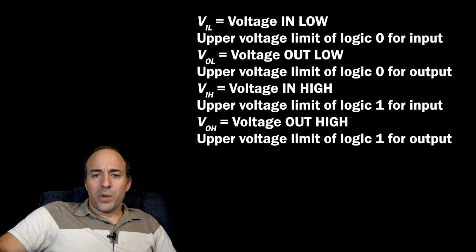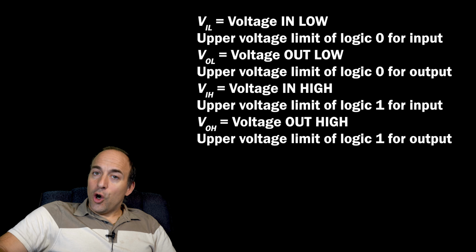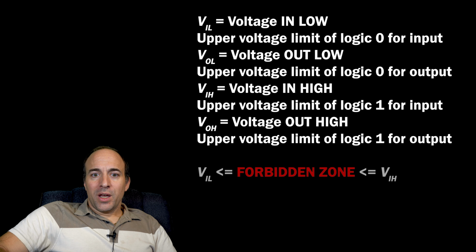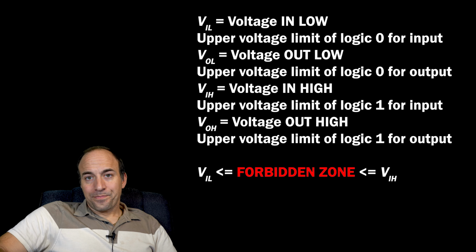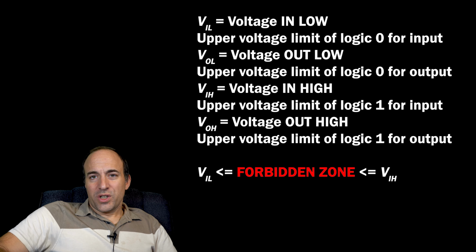So any voltage between VIH and VDD and VOH and VDD is considered a logic 1 for the gate input and gate output respectively. Voltages that fall between VIL and VIH are considered to be in the forbidden zone, forbidden because using these voltages with logic gates will produce unpredictable results.